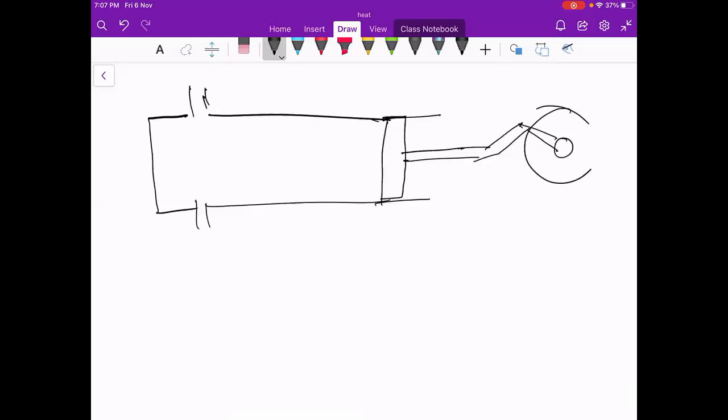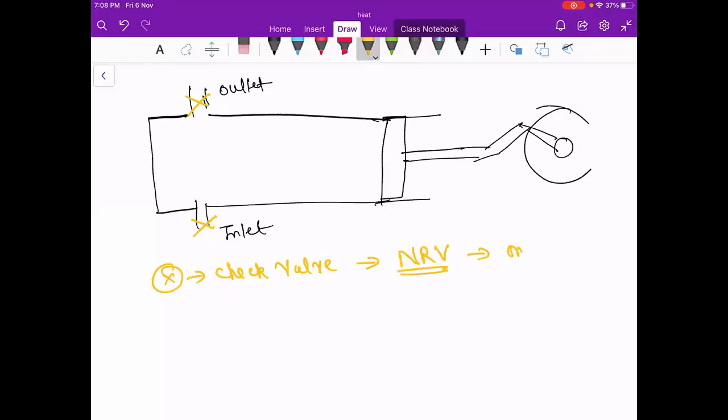So suppose this is an inlet, this is the outlet, and there will be a check valve here. So what is a check valve? A check valve is basically for unidirectional flow, which is also known as NRV, non-returning valve, one direction flow, okay?